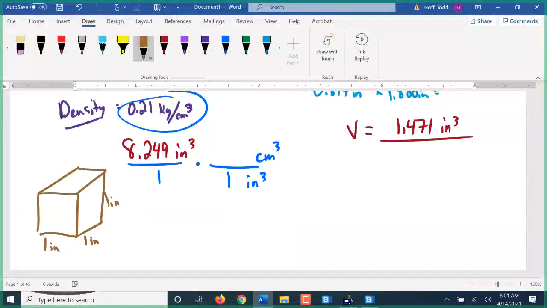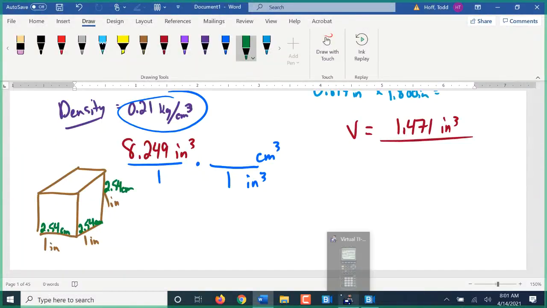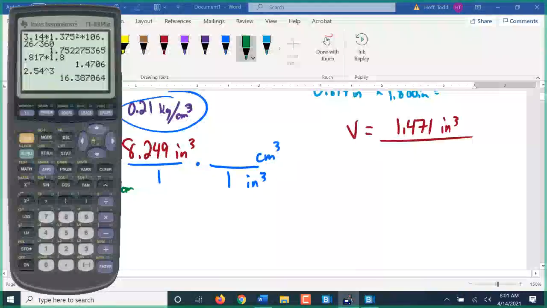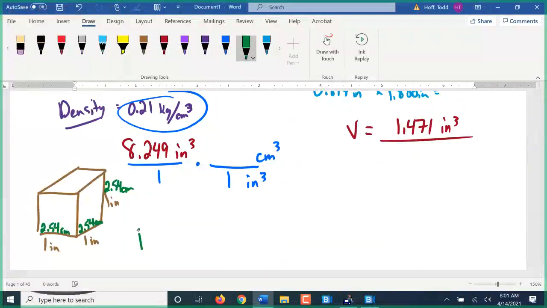Anybody remember how many centimeters are in an inch? 2.54. 2.54 centimeters by 2.54 centimeters by 2.54 centimeters. 16.387 is where we're going to round it, cubic centimeters in 1 cubic inch.